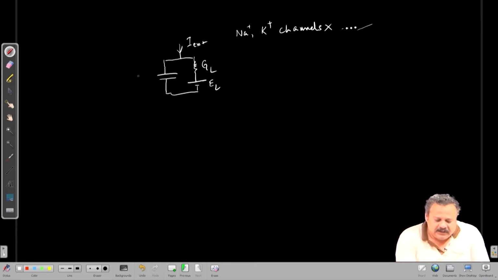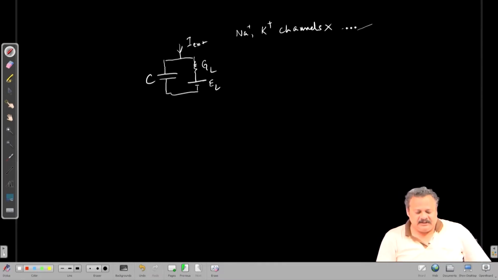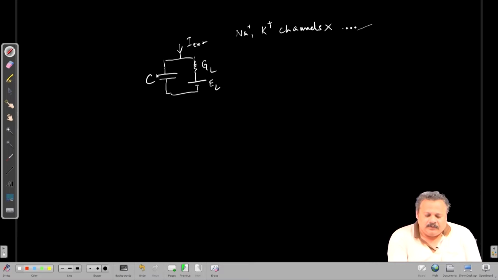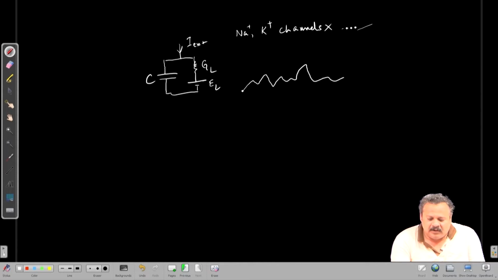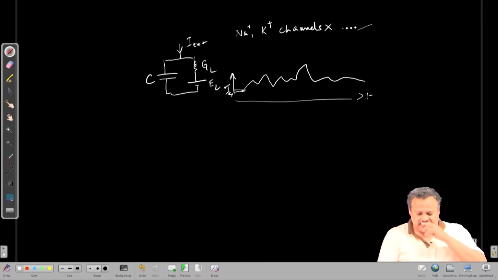So, this is our E leak and we have the capacitance, and what we know is that if we drive this system with I external of a certain profile, with time on this axis and current I external on this axis, let us say I external is 0 initially, and then there is some positive current injected.